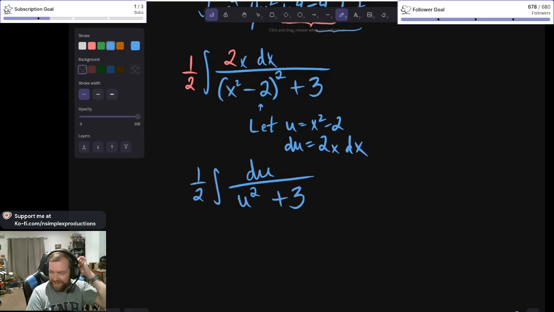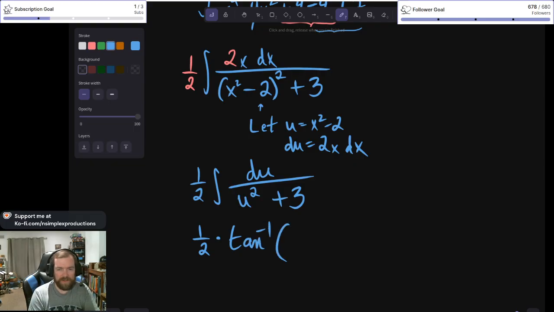Okay. u squared plus 3 in the denominator. I mean, yeah, sure, it's fine. It would still be doable. I just don't want to do that as a part of this example. Okay, 1 over u squared plus 3 has a direct antiderivative: the arctangent of u over the square root of 3, which is fun.